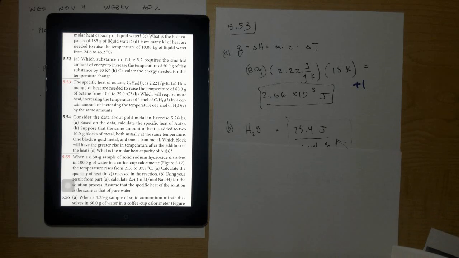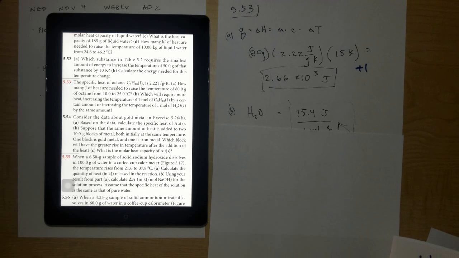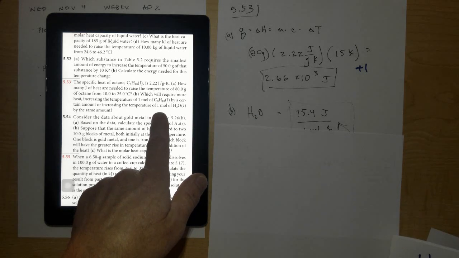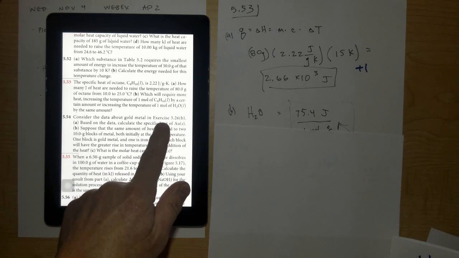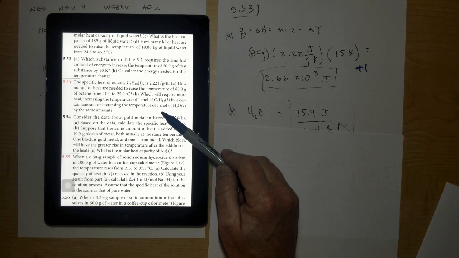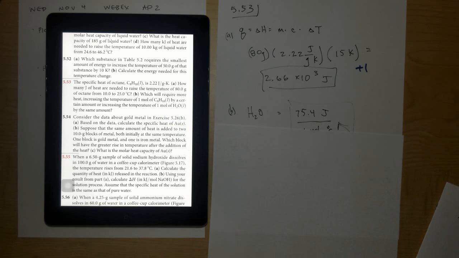All right, next one, letter B, asks which will require more heat: increasing the temperature of 1 mole of octane or 1 mole of water. So what I really need is the molar heat capacity, because I want to know how much heat is needed to raise 1 mole of this. I just did this in the last problem in number 53.